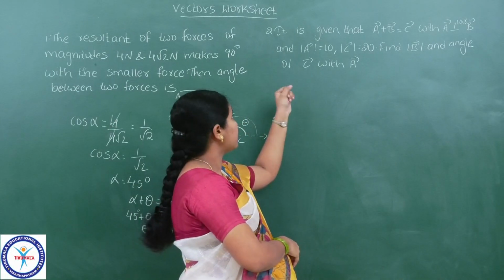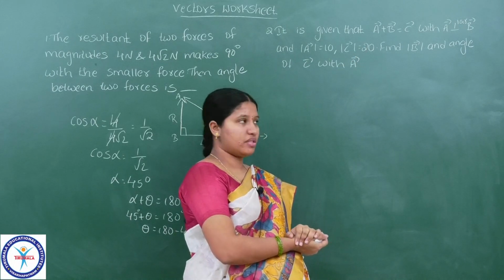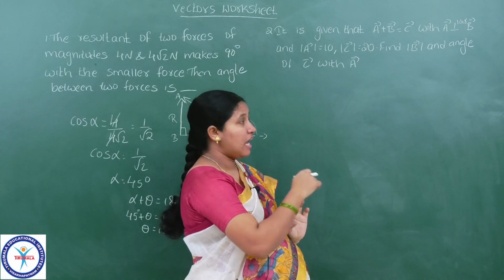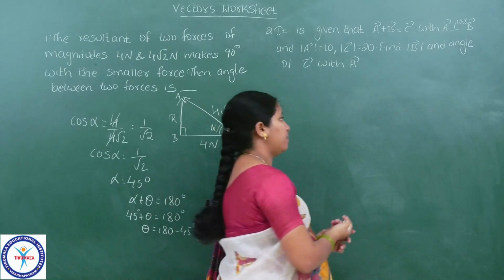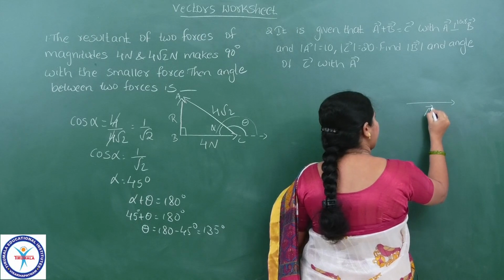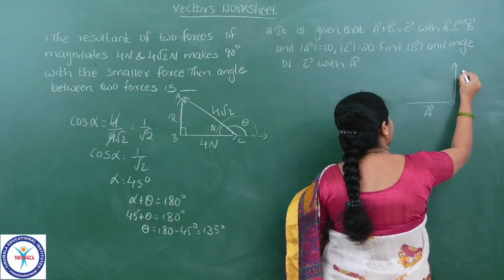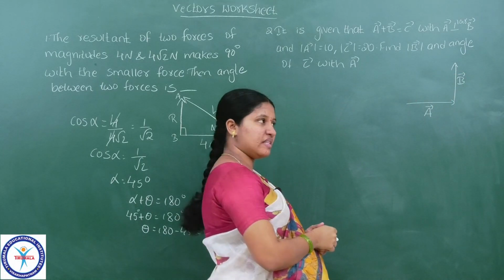The second problem is, it is given that A bar plus B bar equal to C bar with A bar perpendicular to B bar. Let us take a vector A bar and another vector B bar which is perpendicular to A bar. So what will be the resultant?